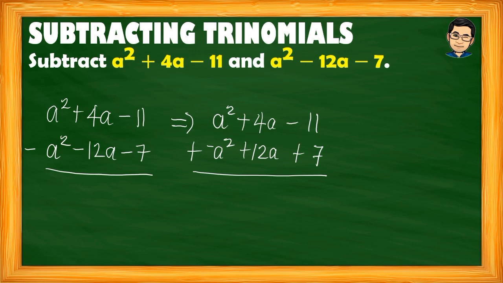Next, 4a plus 12a, that is 16a. And then negative 11 plus 7, that is negative 4. So, our final answer will be 16a minus 4. So, again na-cancel po yung a squared tsaka negative a squared. Same term, but different signs.